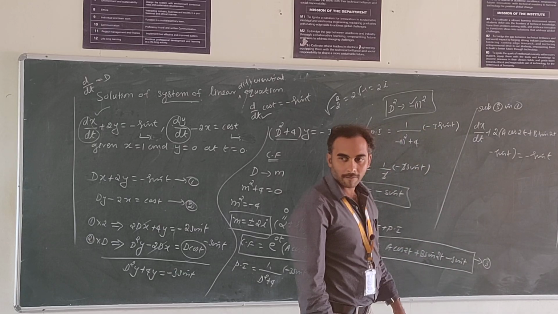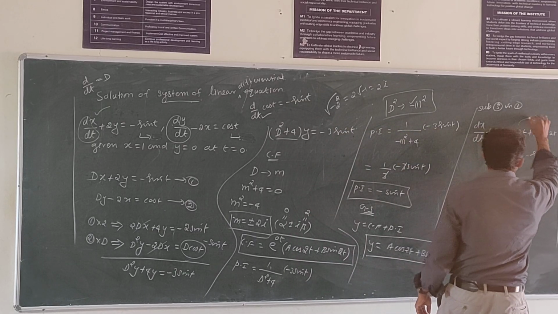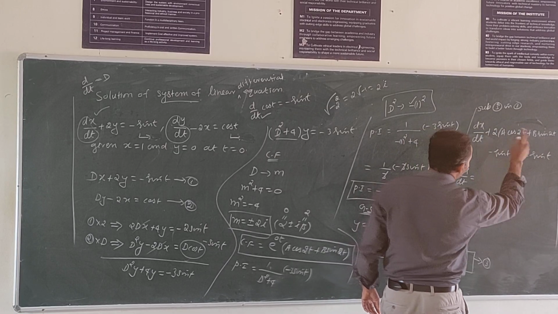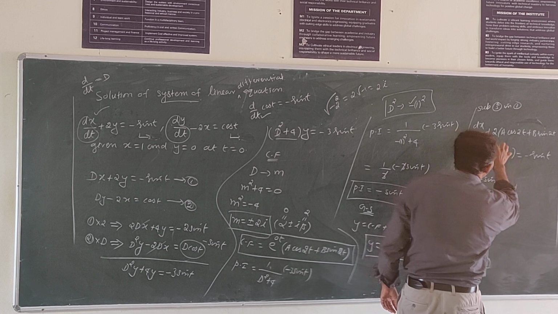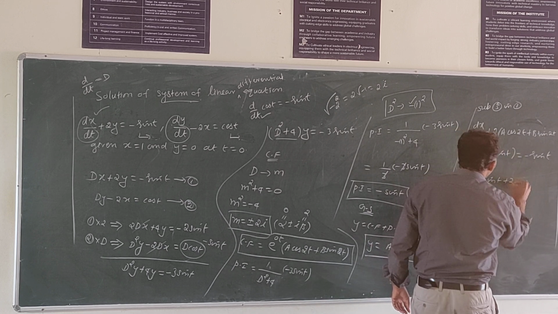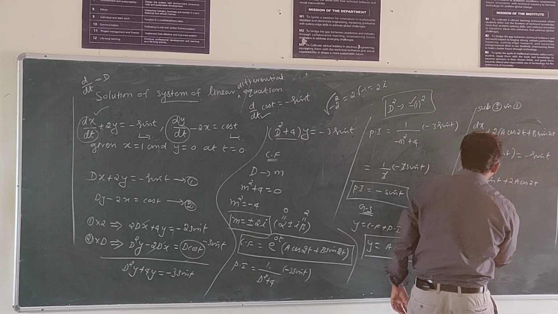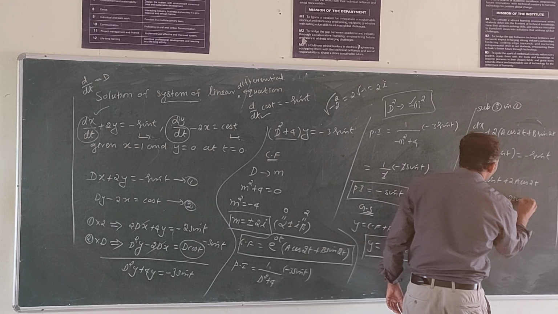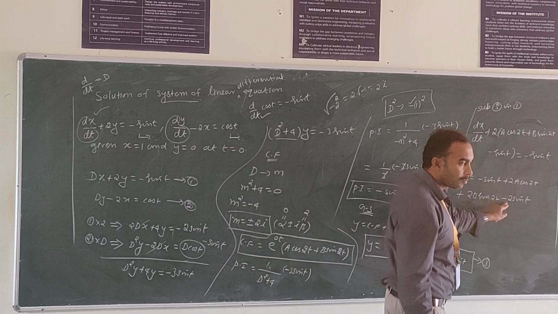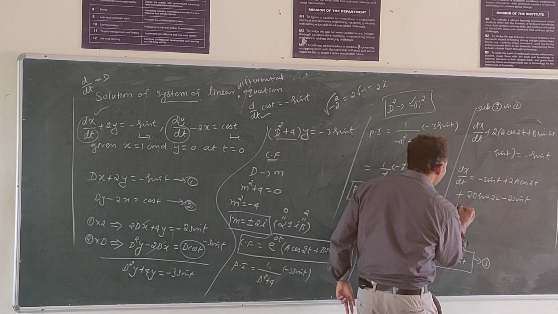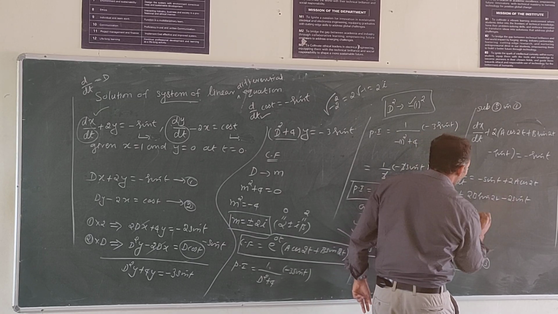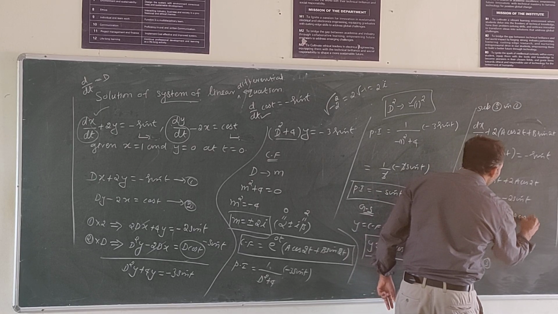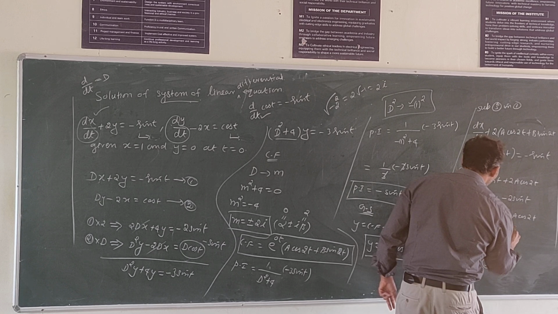Bring this term to the right hand side: dx by dt equal to minus sin t, multiplying these two inside the bracket, plus 2a cos 2t plus 2b sin 2t minus 2 sin t, so minus sin t minus 2 sin t. So dx by dt equal to minus 3 sin t plus 2a cos 2t plus 2b sin 2t.